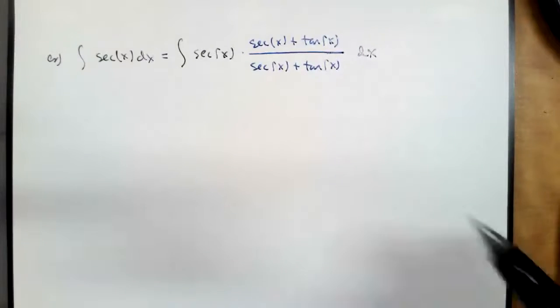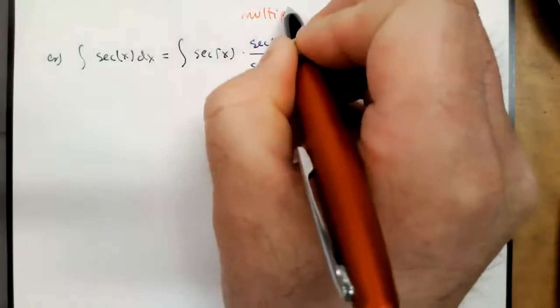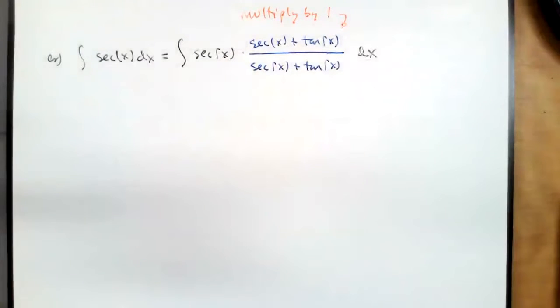One of the great tricks of math, multiply by 1. Like getting a common denominator or converting some units. Multiply by 1.